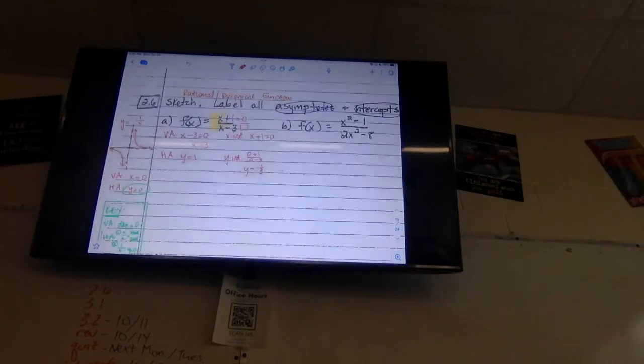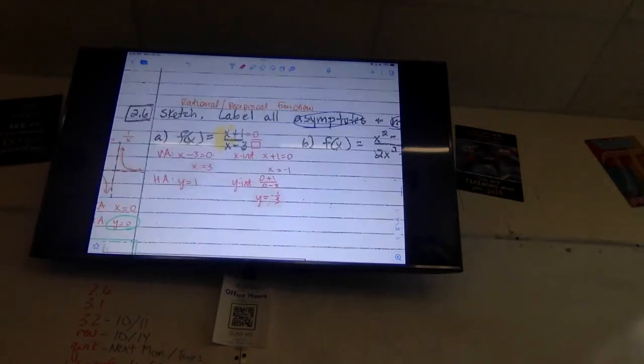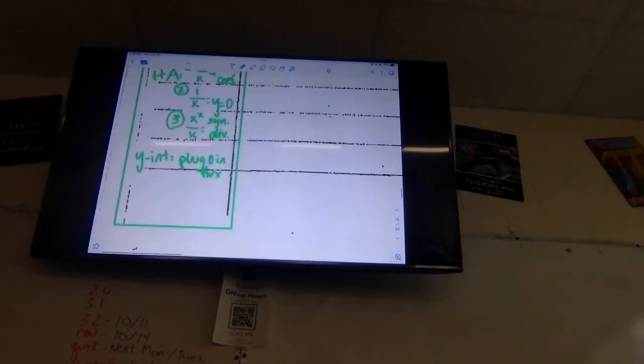So 0 divided by anything is 0. So my x-intercept is going to be when my numerator equals 0. So in this case, it'll be -1. And if I were to go back to my key for my x-intercept, I'm going to say numerator equals 0. I'll go write that over here. X-intercept: numerator equals 0.